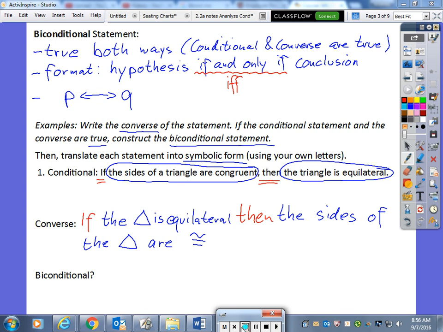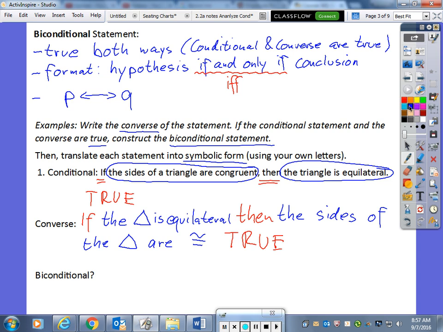Is the conditional true? If the sides of a triangle are congruent, then the triangle is equilateral. Yes, this is indeed true. Now let's think about our converse. If the triangle is equilateral, then the sides of the triangle are congruent, and that is also true. Both statements are true, which means that we can go ahead and create our own biconditional.